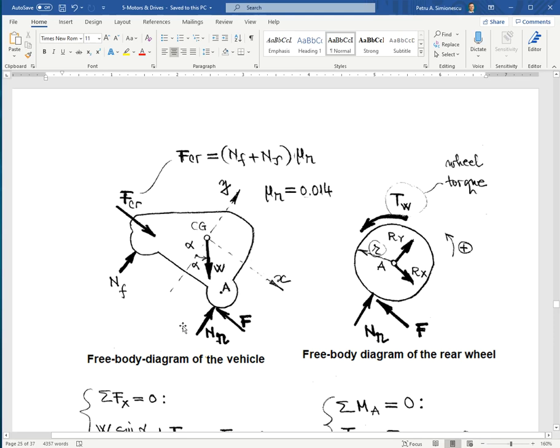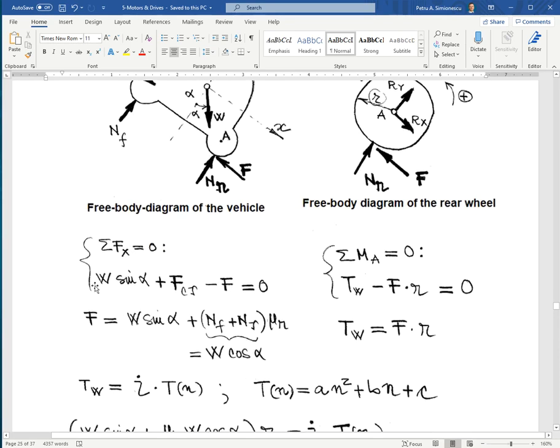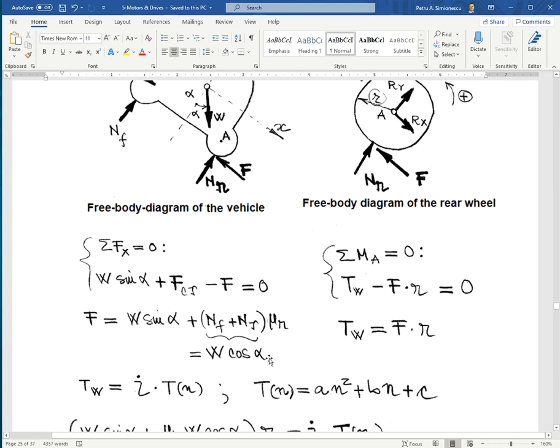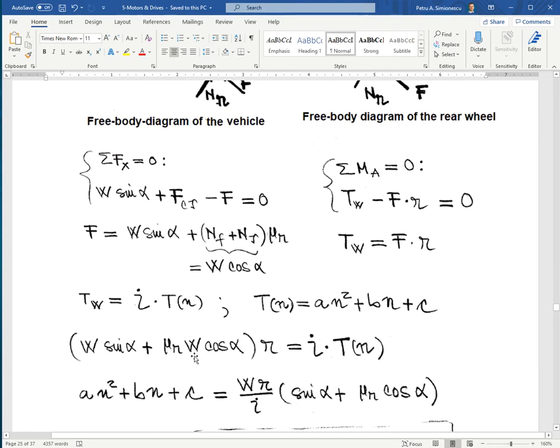NF plus NR would be W, the weight of the car, times cosine alpha. So I sum forces in the x direction and sum moments about the A axis. These are simple equations.